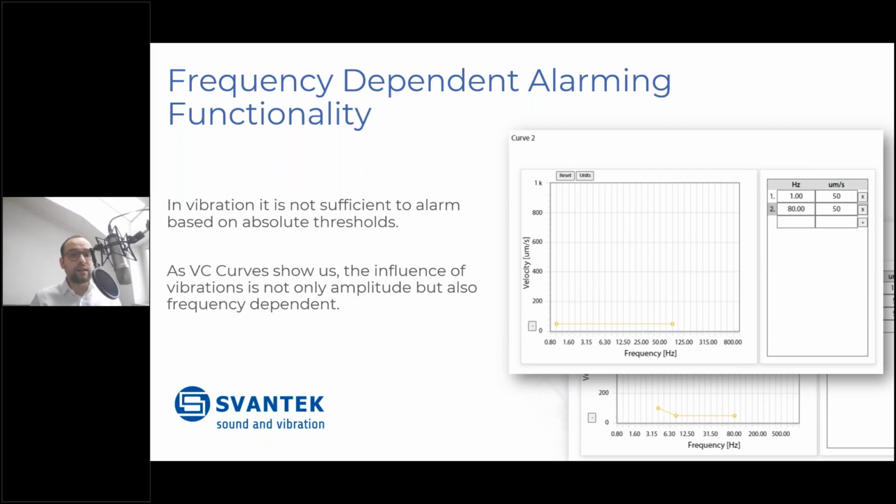As VC curves show us, even though they are quite well defined and not really complex in their understanding when comparing to other ground vibration standards, it is still possible that you will have to change them from being curved to being flat and back. So you need to have the functionality of alarming and marking whenever levels are changing as a function of frequency.